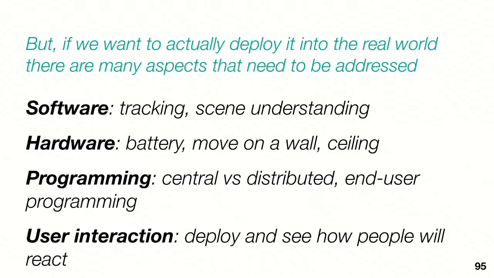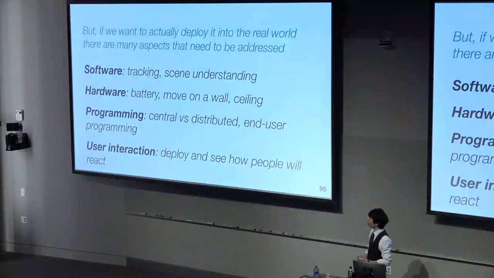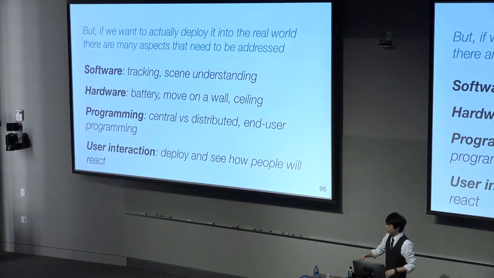Talking about the hardware, these robots run on a battery for an hour, so it's very frustrating for maintenance. How can we solve it? As well, these robots can only move around on top of surfaces, so how can we make the robots climb up on the wall or move on the ceiling?